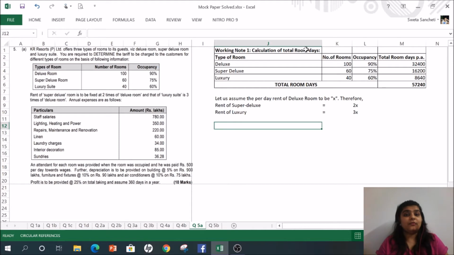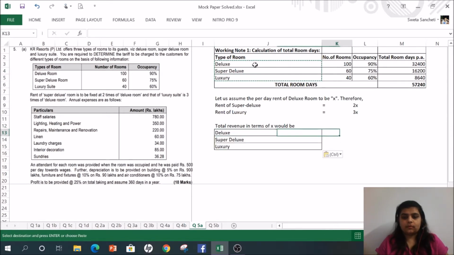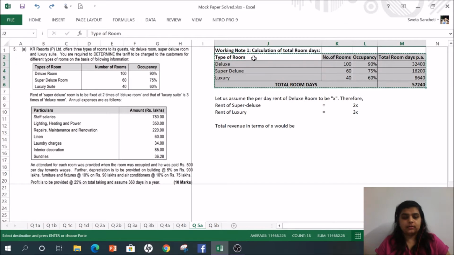So can you tell me what would be the total revenue? I can calculate the total revenue here, right? In terms of x. So total revenue in terms of x would be, so these are the types of rooms. I'm just taking, maybe I can just copy this.